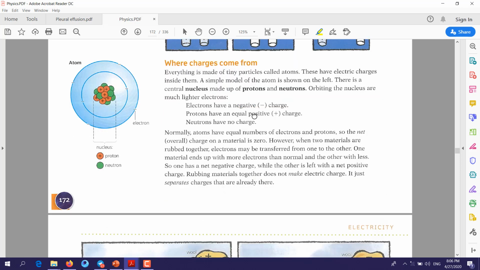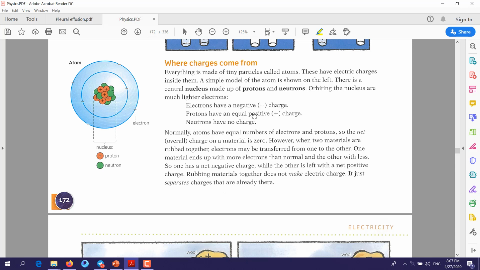Where do charges come from? To understand where this charge comes from, we should understand the structure of matter. All materials are made up of atoms.